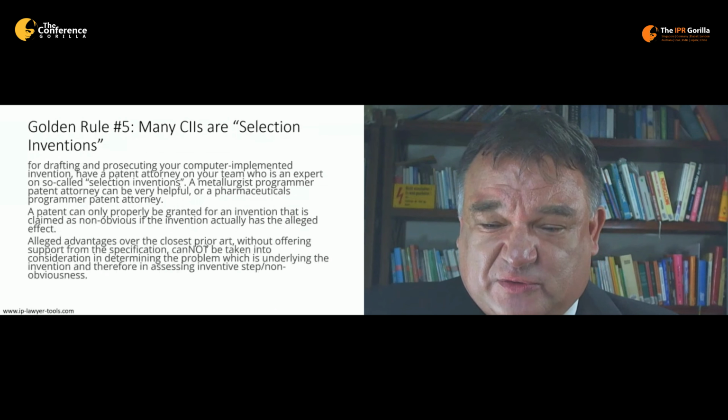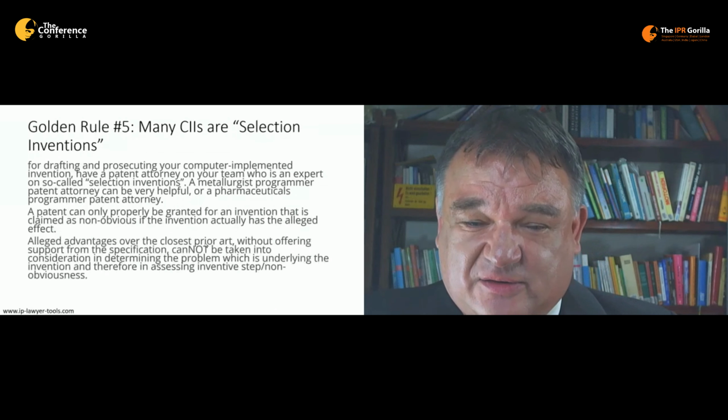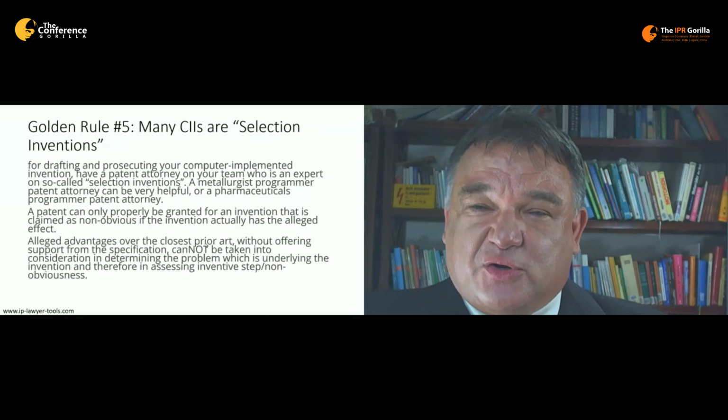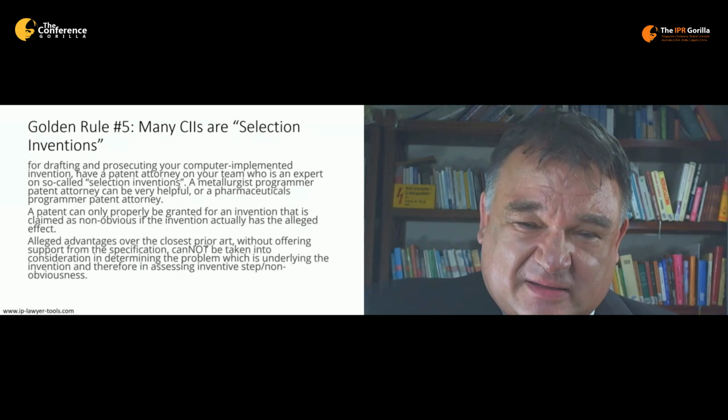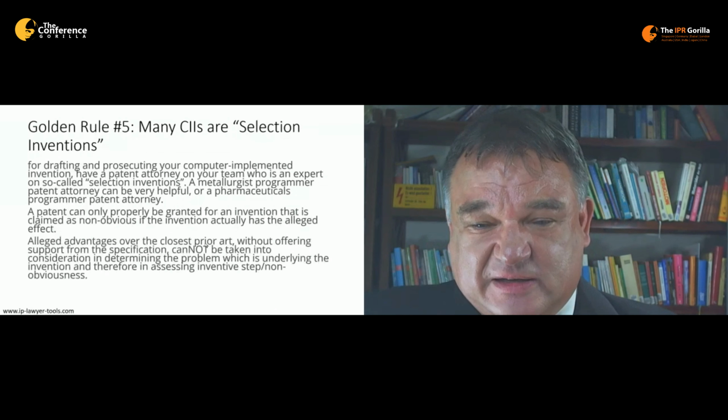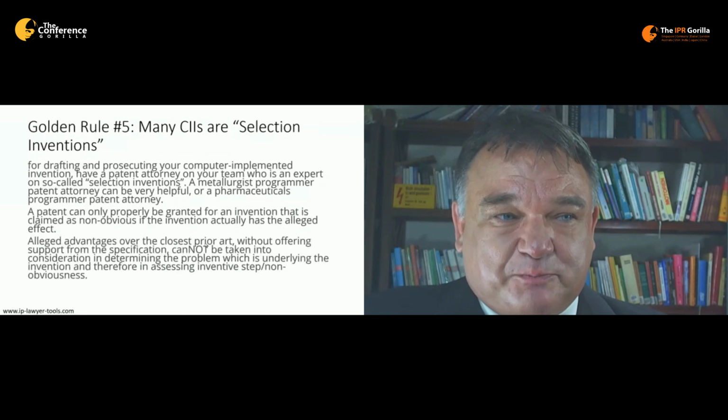When you do so, you need to determine the problem underlying the invention, and only then can you assess the inventive step or non-obviousness. And if you don't have that example in the patent application, then you cannot argue for that, at least not before the European Patent Office.